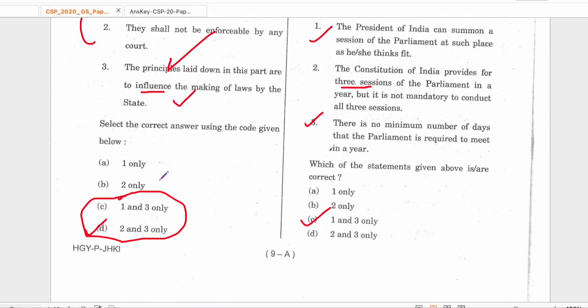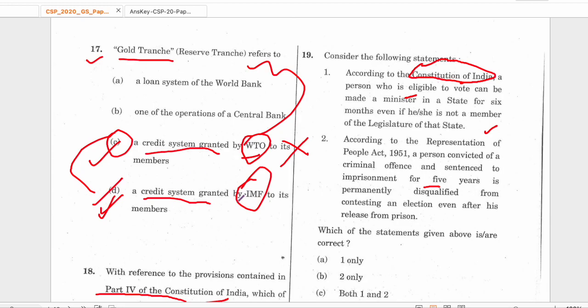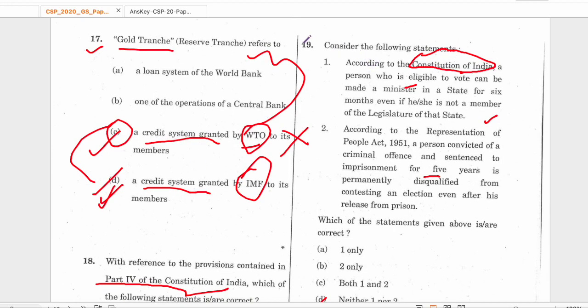So this is a straight question on justiciable. Now I am again teaching you a lesson which you have to remember. Consider the following statements. According to the Constitution of India, a person who is eligible to vote can be made a minister in a state for 6 months even if she is not a member of the legislature of that state.